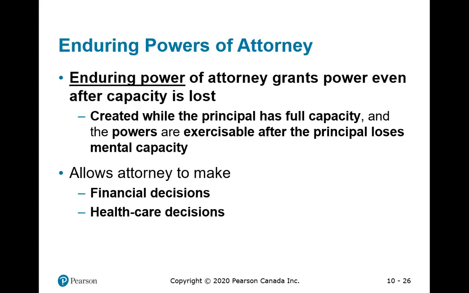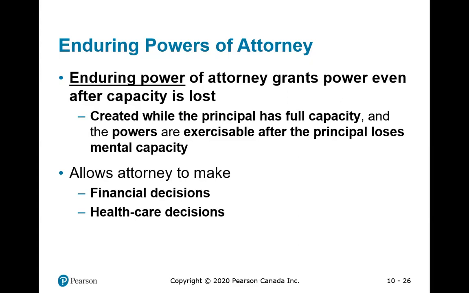Because let's say children, their parents lose their capacity. Children, even if they are of age of majority, may not have access to their parents' money unless they go to court and get an order from a judge releasing the money until the estate is probated, and it's going to take some time.